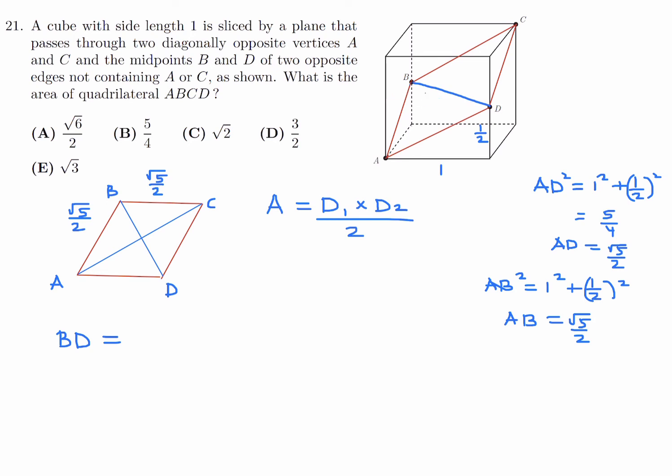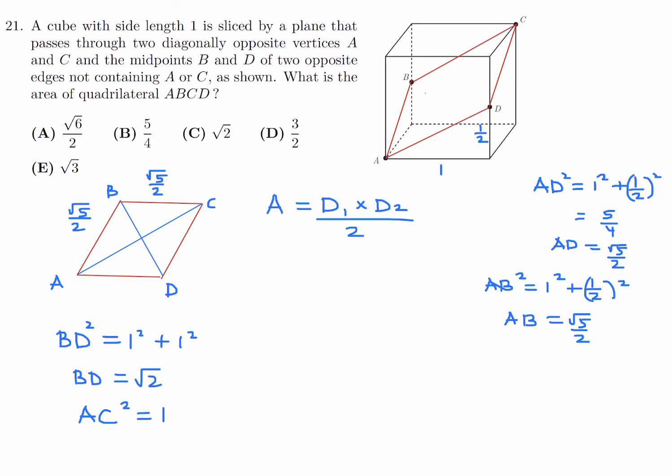So BD squared is 1 squared plus 1 squared, and therefore BD is root 2. Now let's figure out the other diagonal, which is AC. AC is going to be figured out by looking at that. And that is, again, another Pythagorean relationship like this. This is 1, and then this one we have to do a little bit of work, and then we can figure out AC.